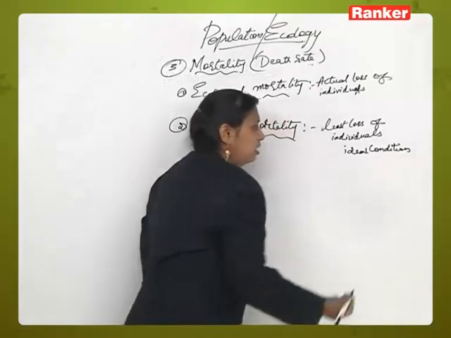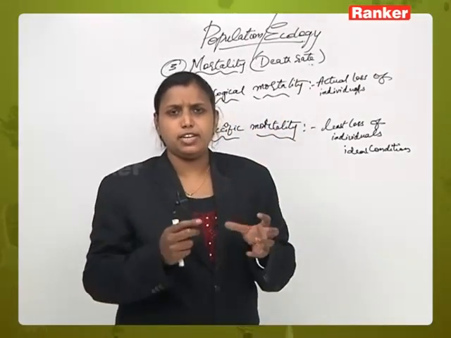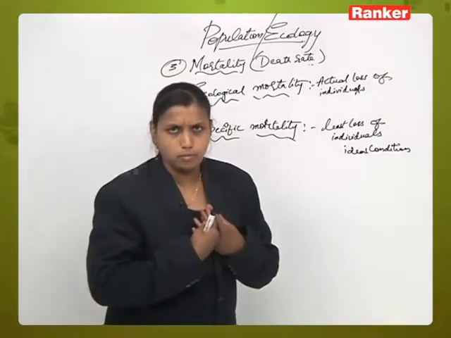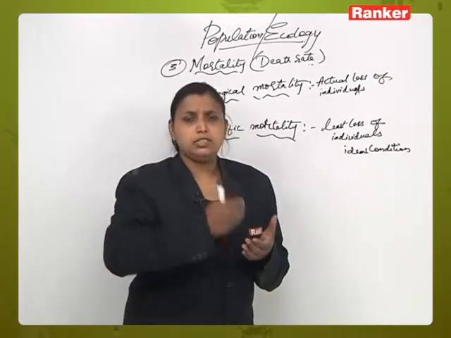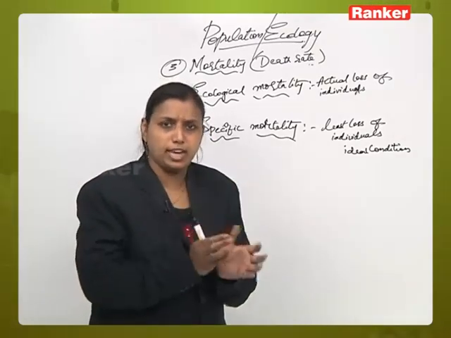Now, what does it mean here? For example, if you take a human being, from birth to death he has a certain period of longevity, a certain age to survive.